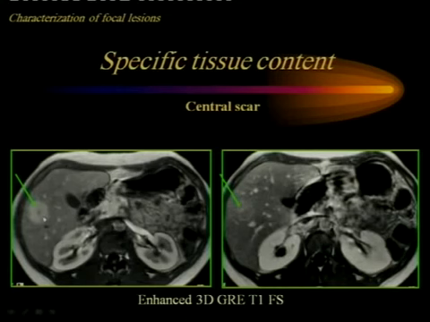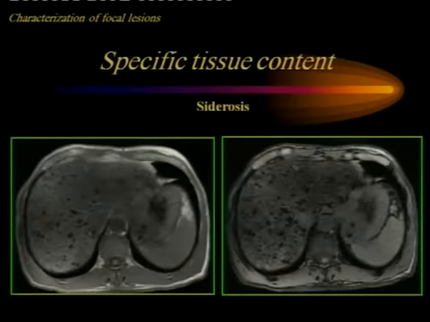But again, it can be very nicely demonstrated in the early phase, where there's little enhancement, but then there is retention of the contrast in the delayed phase within the central scar tissue. The iron deposition is also very nicely characterized.